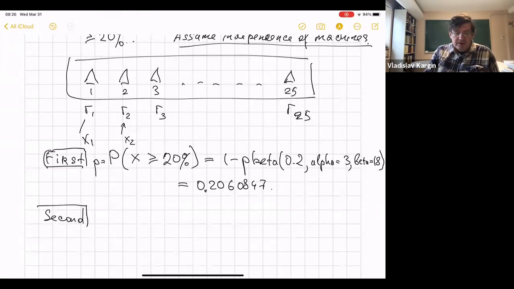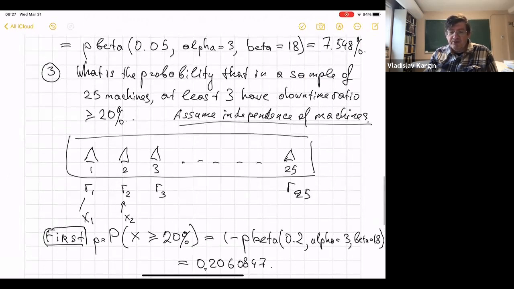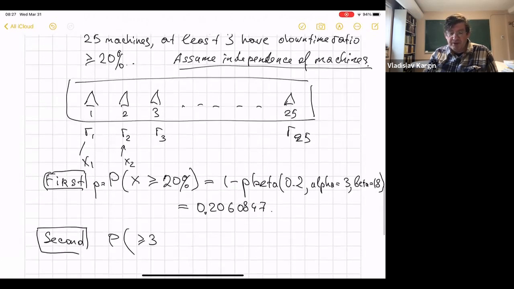For the second step, we want the probability that at least 3 have downtime ratio greater than 20%, that there are at least 3 defective machines.